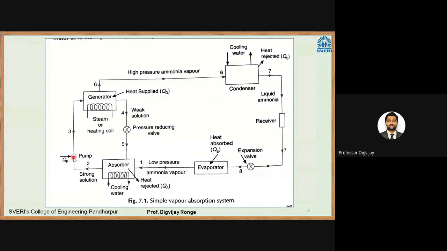It is passed to the generator. Generator is like a constant pressure heat addition process. Then it is passed to the condenser. So the answer to your question is we are using a pump to increase the pressure.